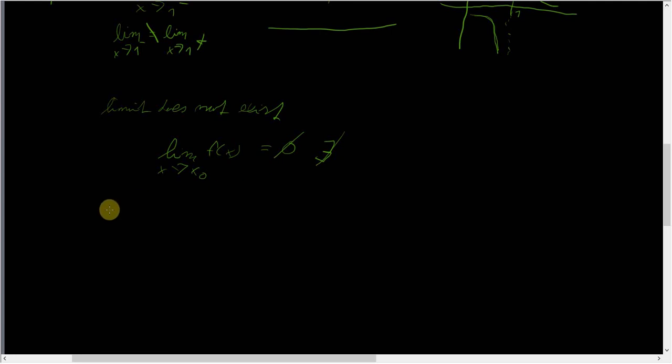Now, if our function is continuous and doesn't have any sort of breakage points, can we evaluate the limit then? Yes, we can. We can evaluate it at several different points.